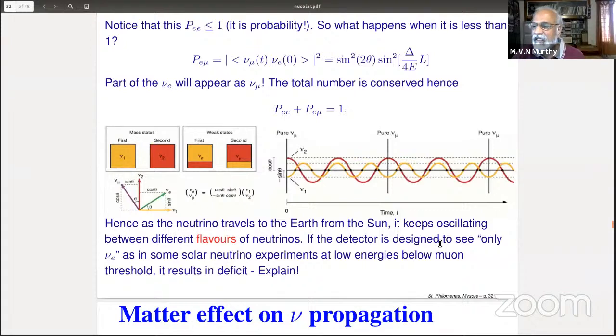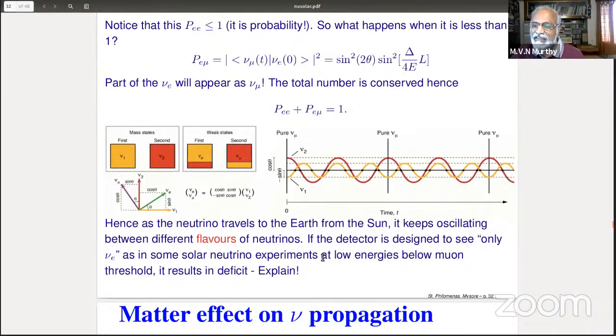Then you may see, depending on the distance and energy, that a part of this electron neutrino flavor has actually gone away as a muon neutrino flavor, and therefore it results in a deficit. So this is what happened in Davis's experiment.